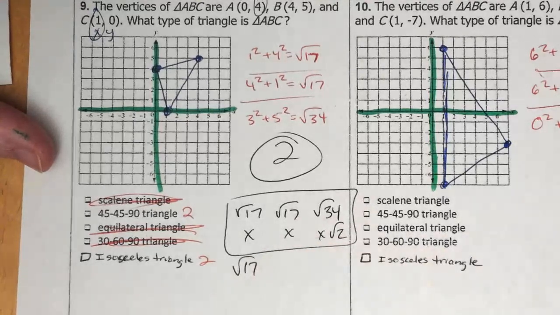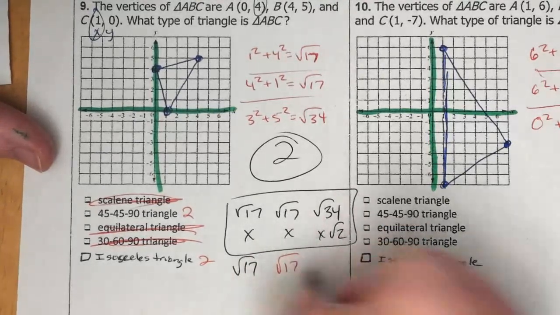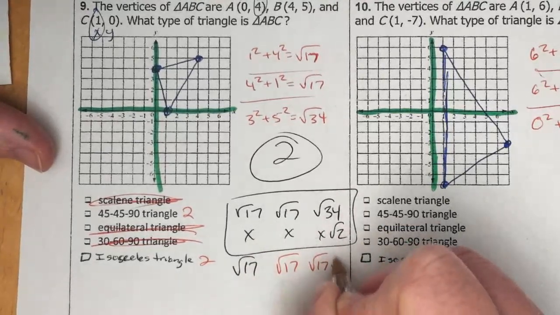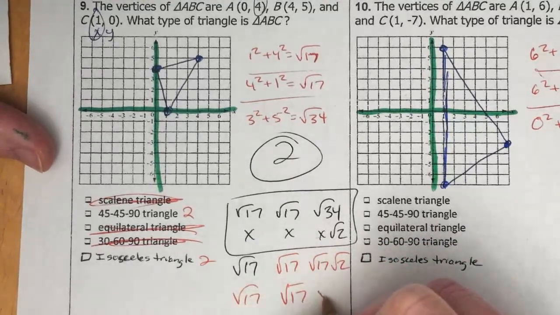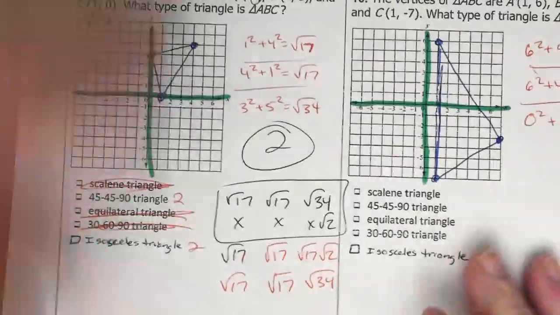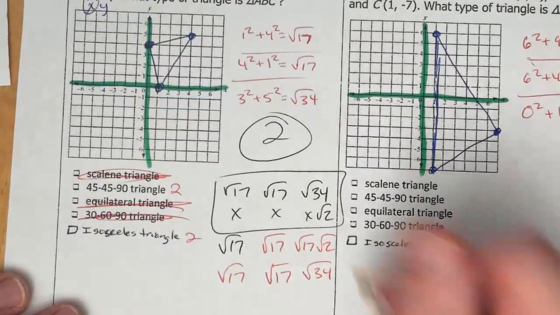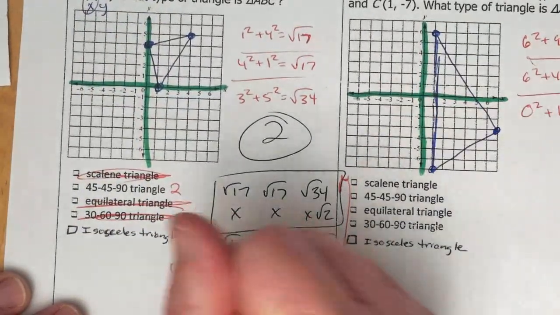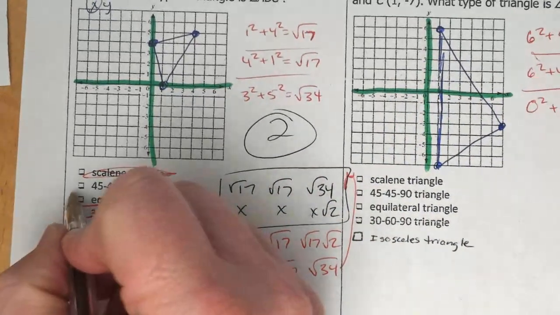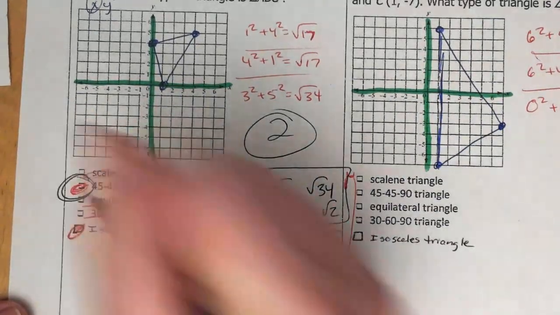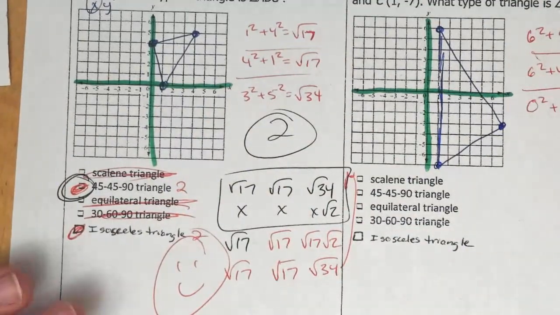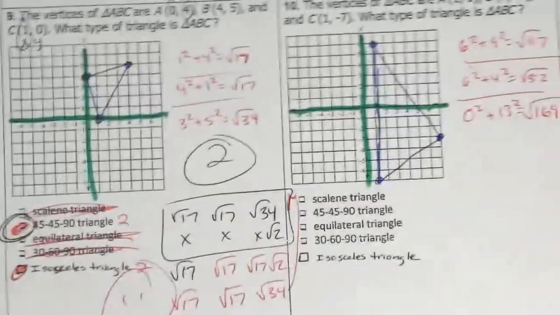That'd be still radical 17, and 17 times 2, let's see, 17, 17, and that would be 34. Does that work? Oh my gosh, it does. That does work. So that's great. All right, so that is both a 45 and an isosceles. If we had only one choice, that would be the better choice, the 45, 45, 90.